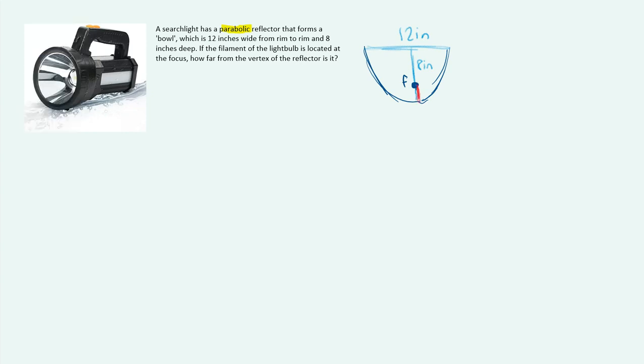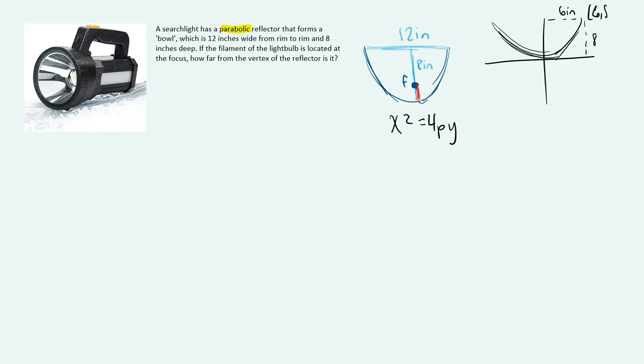Okay, so this represents the equation x squared equals 4py. Well, if we graph the parabola, considering it was 12 inches wide from rim to rim, that means that this distance is 6 inches. Because the depth was 8 inches, this coordinate point here would be 6, 8 on the parabola.